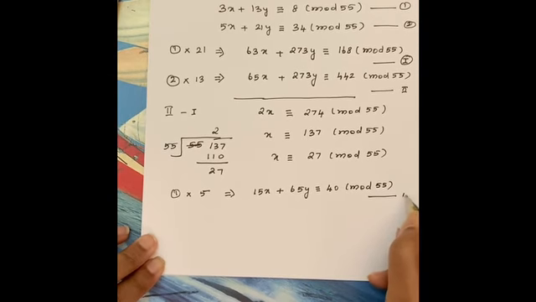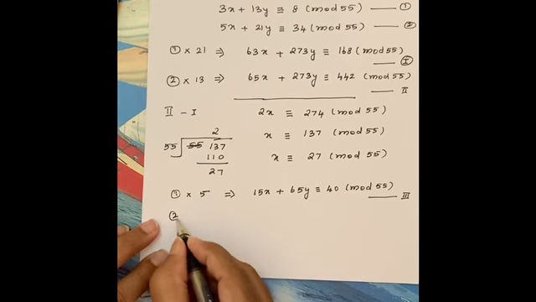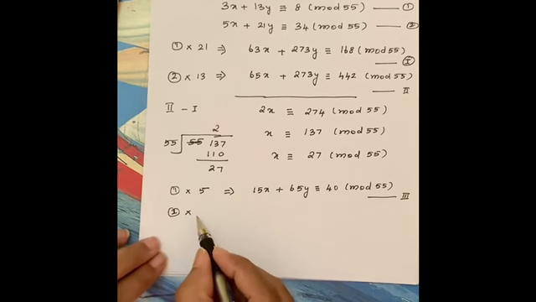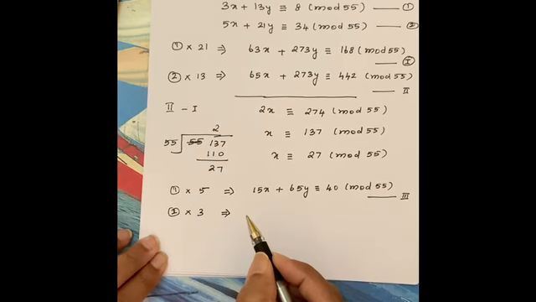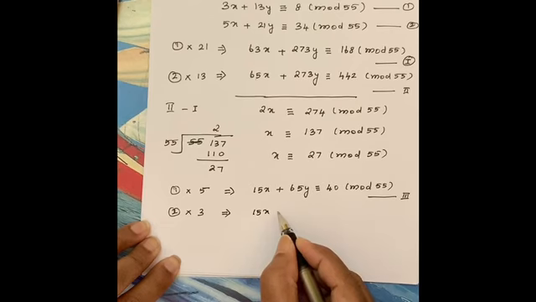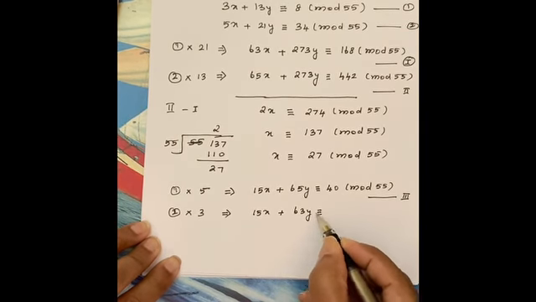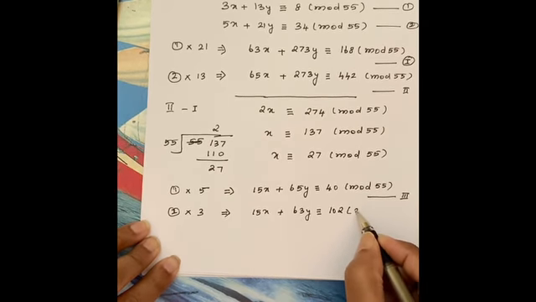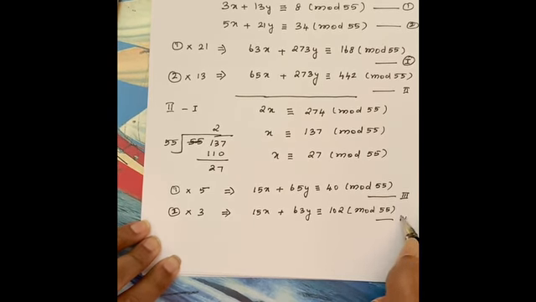I am calling this equation number 3. Similarly, the second equation multiply with the first congruence's x coefficient, 3. So 5 times 3 is 15x, 21 times 3 is 63y congruent to 34 times 3, 102 modulo 55. This is congruence number 4.